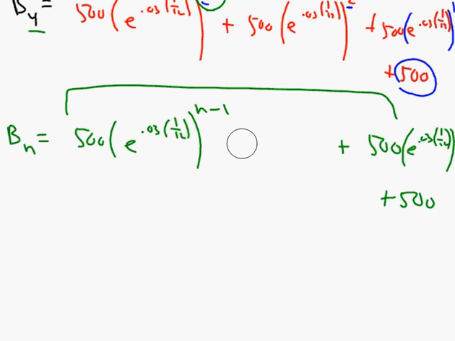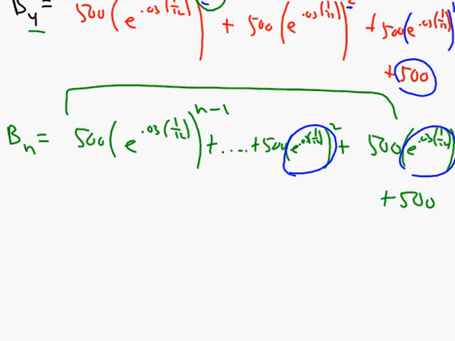Prior to this would have been in here plus 500 times e to the 0.03 times 1/12 squared. Hopefully you see that that's a geometric series. Every term is getting multiplied by this. So this is geometric.